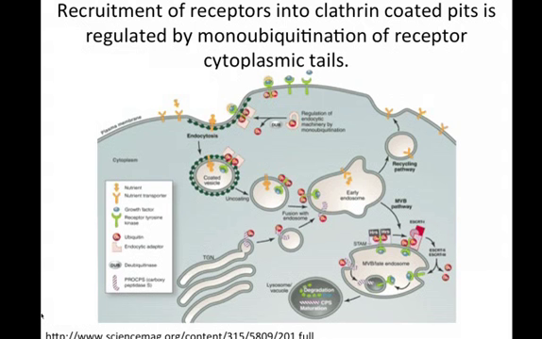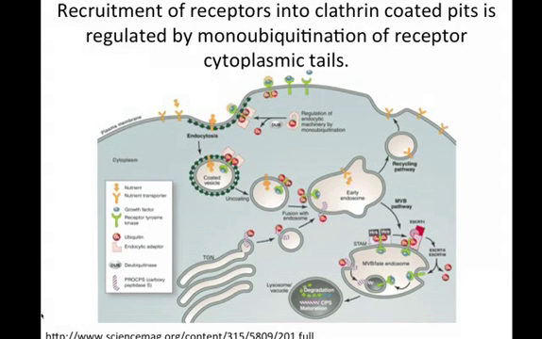One type, when one molecule is added to a cytoplasmic tail of a receptor, signals for recruitment of the endocytic machinery, and then recruitment of adaptin and clathrin and all that stuff. And so that helps with regulation of endocytosis.